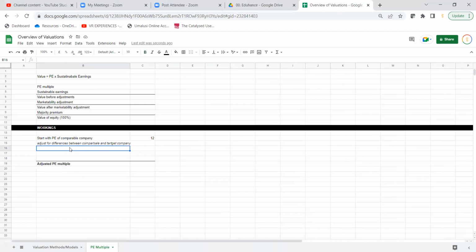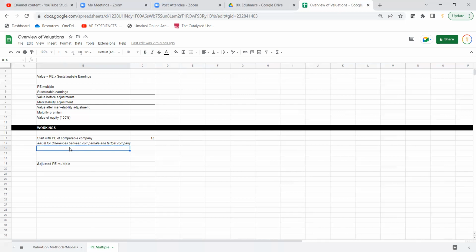They look out for that, whether you double adjust. If you do double adjust, they're going to penalize you, because it's clear that you're missing a fundamental issue. So make sure that the same adjustment is not in both the PE and the sustainable earnings calculation. If you adjust it in the PE, don't adjust it in the sustainable earnings.